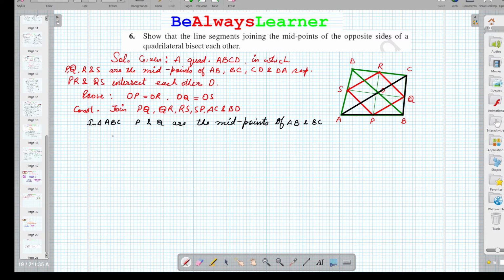So from the midpoint theorem we can write, अगर ये midpoint है तो this PQ is parallel with AC and this PQ is equal to the half of AC.